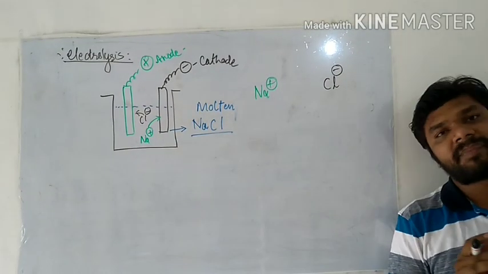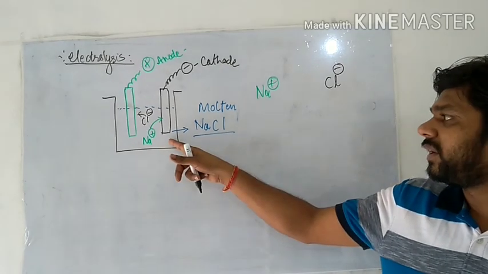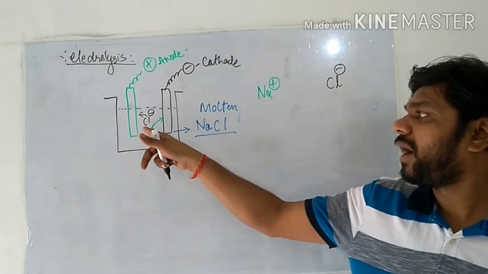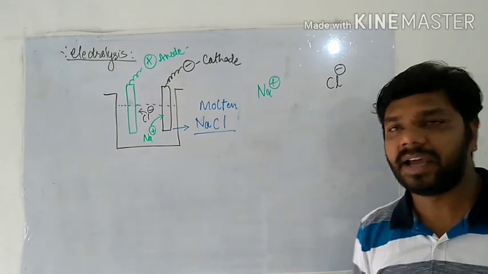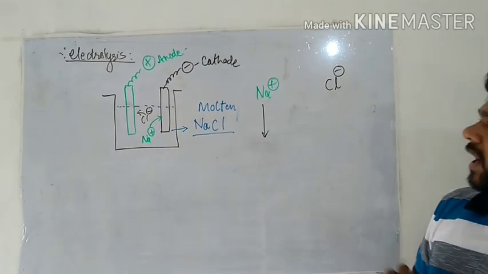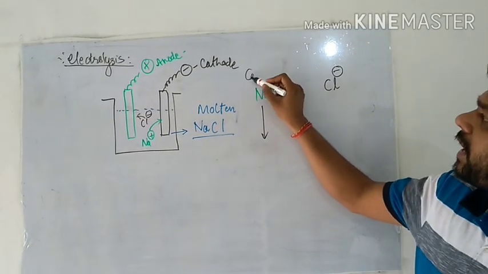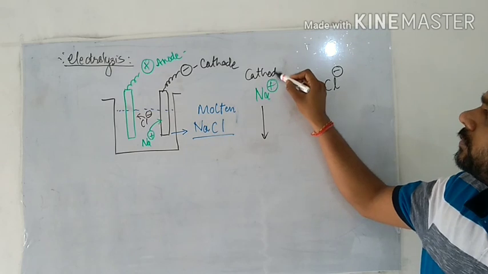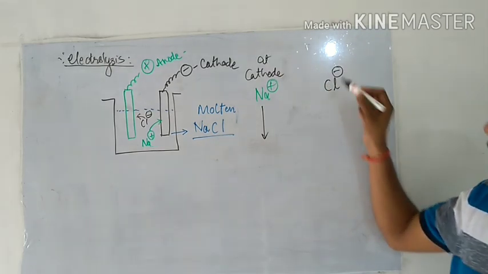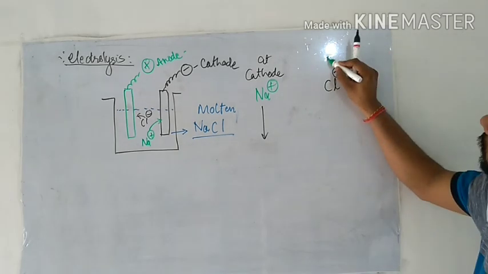They will get separated from each other. Sodium will deposit on the cathode and chloride will deposit at the anode.